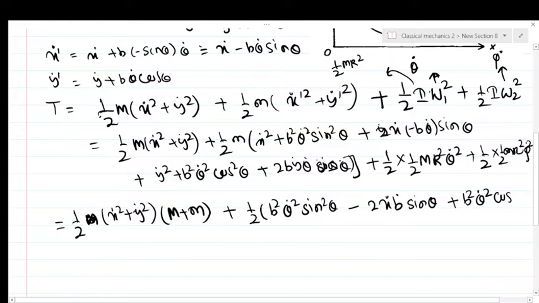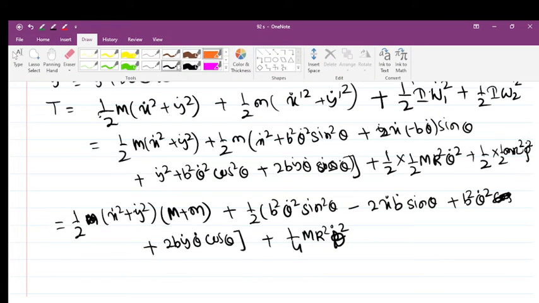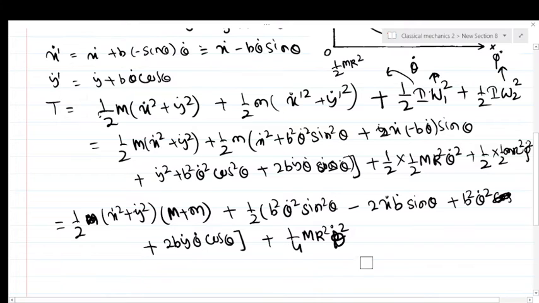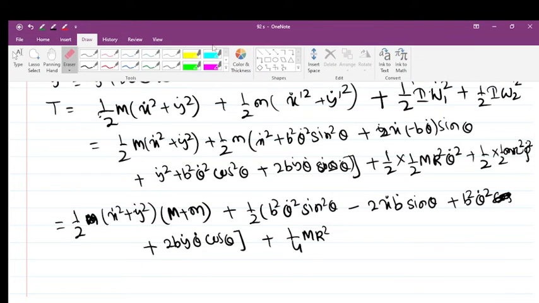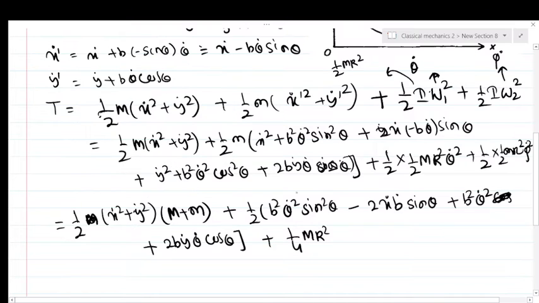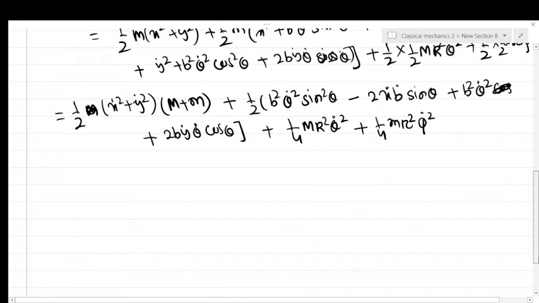Sin square theta plus cos square theta gives b square theta dot square, and then plus 2b y dot theta dot cos theta, plus 1 by 4 capital M R square theta dot square, plus 1 by 4 small m r square phi dot square. That is the kinetic energy.